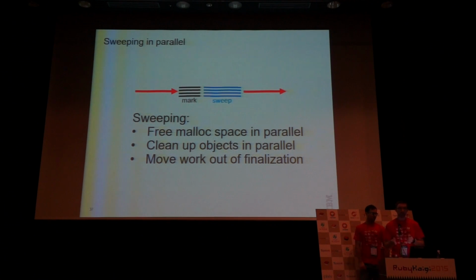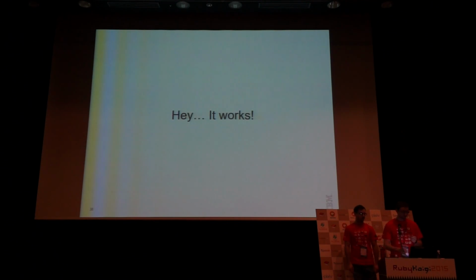When that object dies, you need to update that data structure and remove the reference from it. We pulled that work out of the on-demand format and do it entirely in parallel with the rest of the sweep work. Okay, so hey, it works. At this point, we now have a parallel mark sweep GC in Ruby.